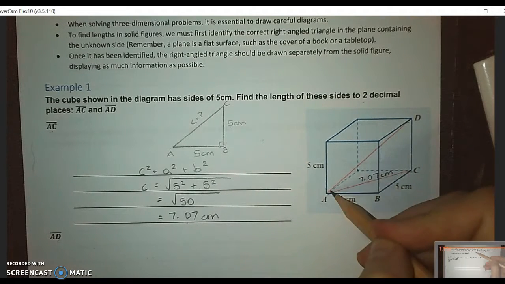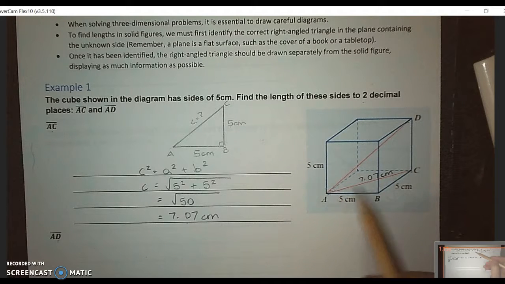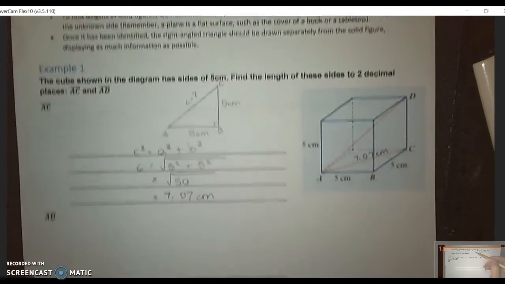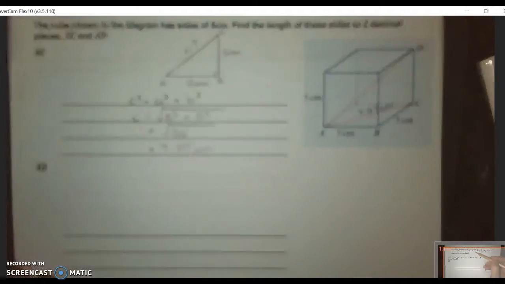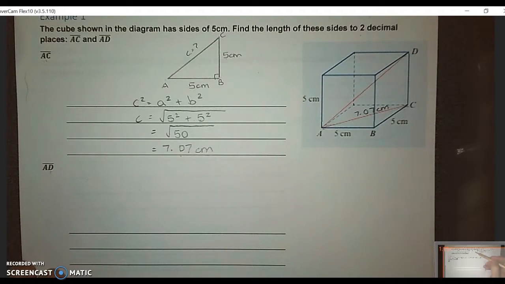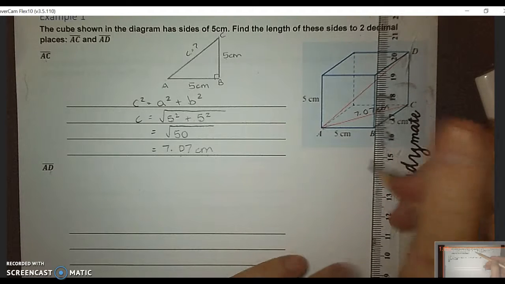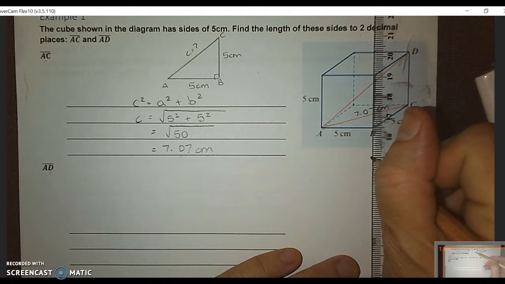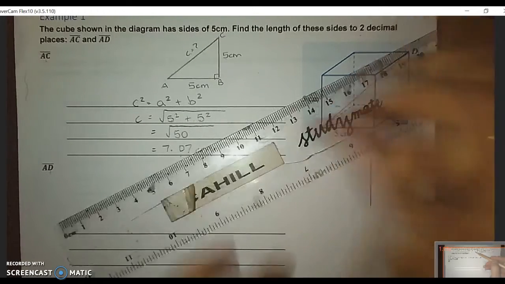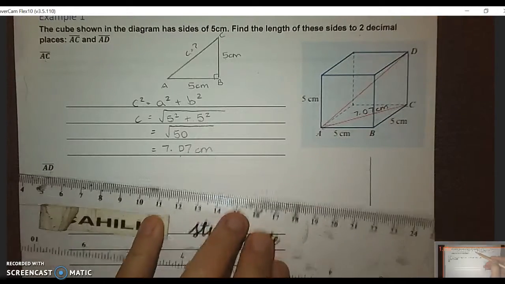So here is AD. So the triangle we're going to be looking at includes our bottom line. So I'm just going to move it up and draw my triangle. And so that I've got more room, I'm doing it over here.